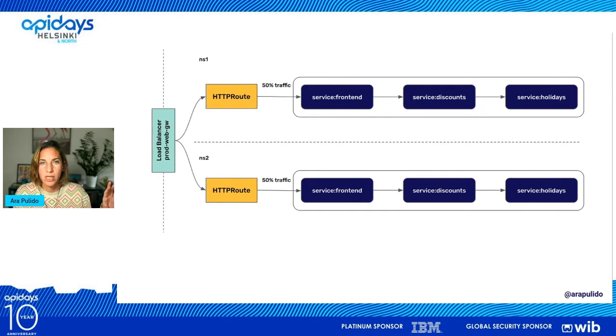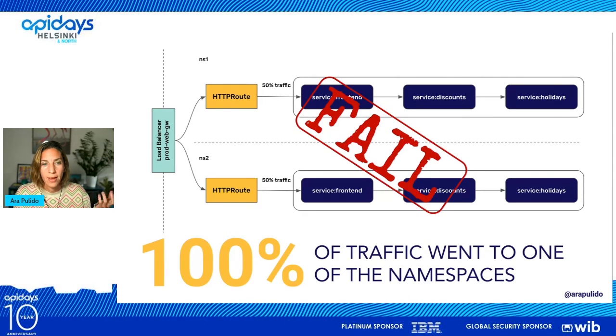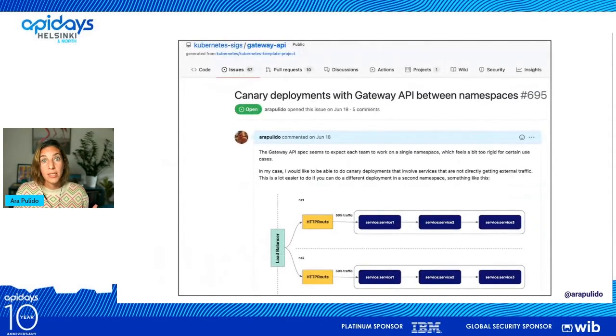So I was trying this thing, for example, some months ago, shifting traffic between two namespaces, something that I used to be able to do on the Nginx controller. And this didn't work. Like 100% of the traffic went just to one namespace. So basically what I did is to, in the open, explain my use case, why I was doing this, what did I expect to happen.